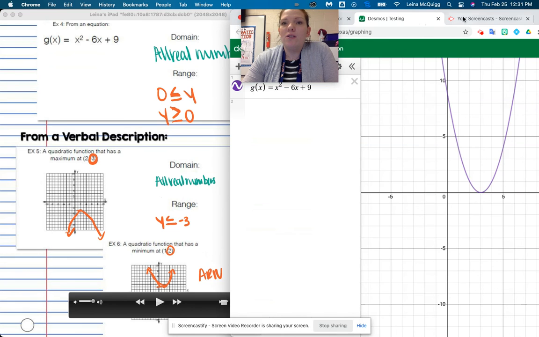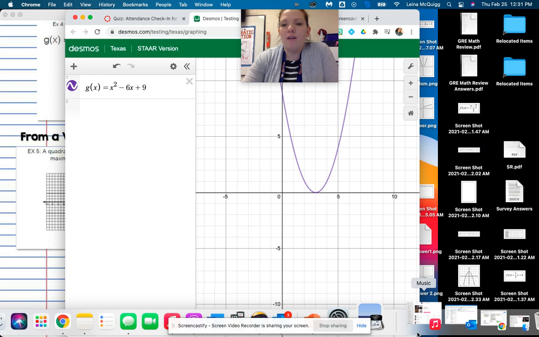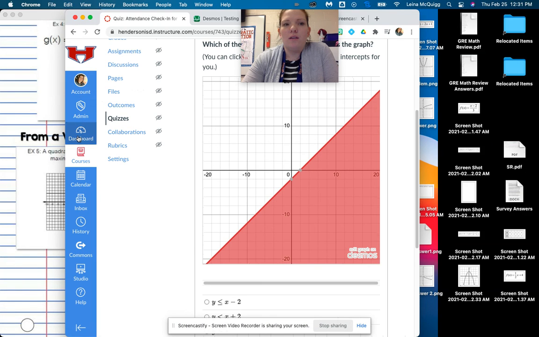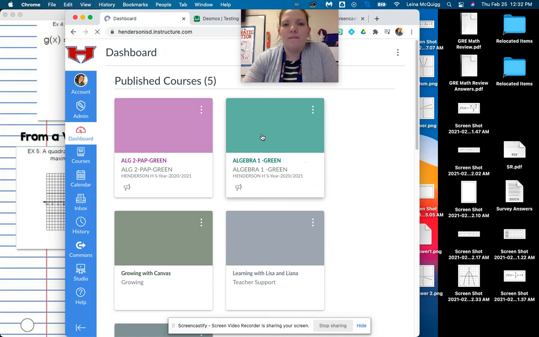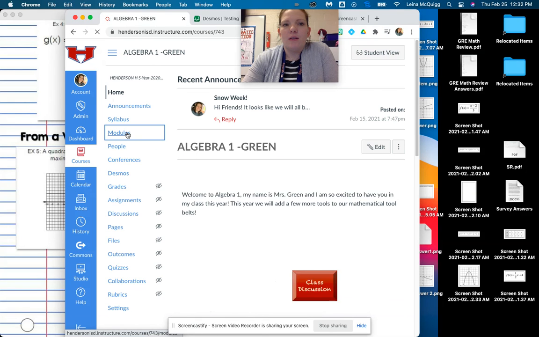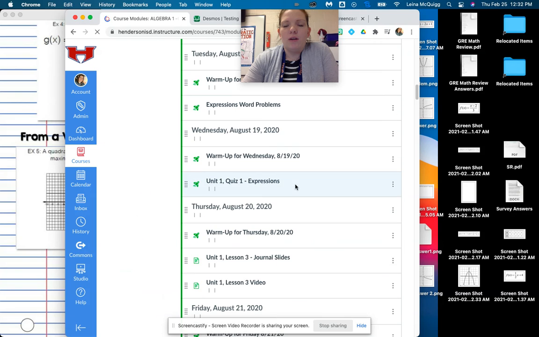Next thing you need to do, everybody needs to do this, is go to Canvas and go to modules. And work on finding domain and range.